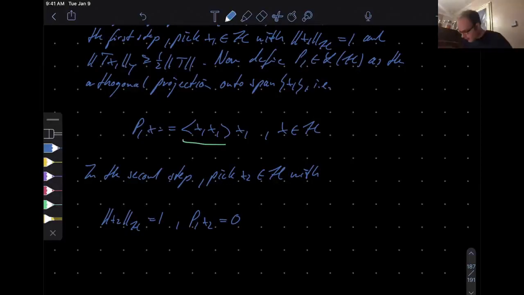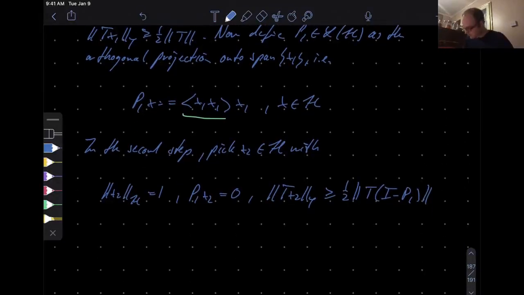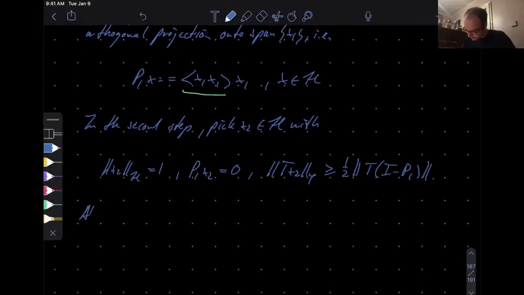And the norm of T x2 in Y does not exceed 1/2 the operator norm of not T but T times (identity minus P1). Why is this possible? This is possible because you're in a Hilbert space, so you have the projection lemma.